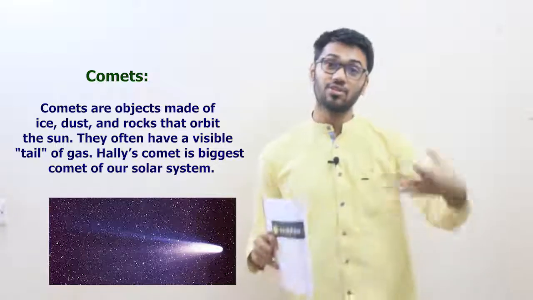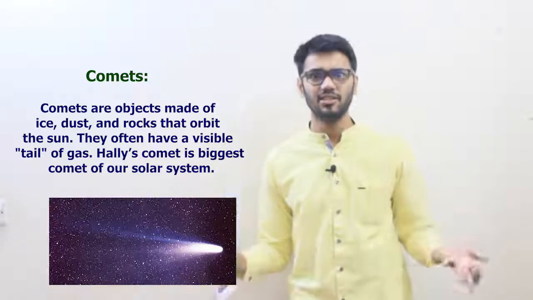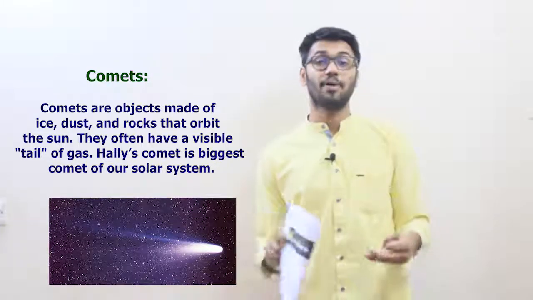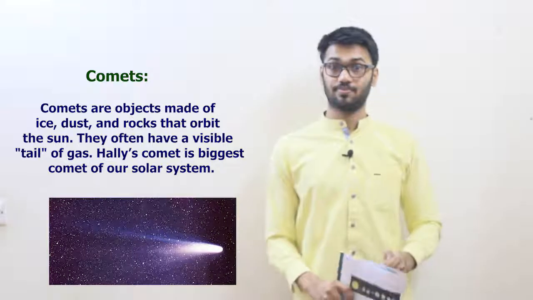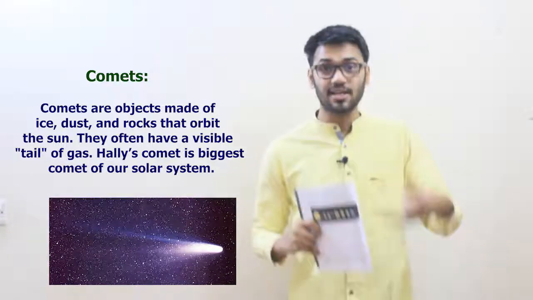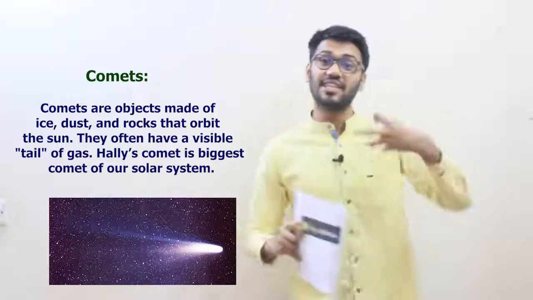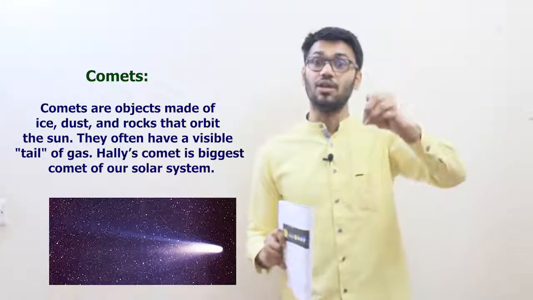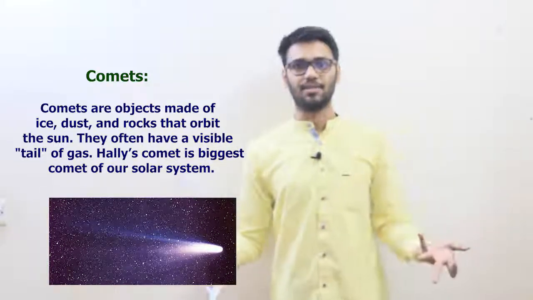Just like those tails, the comet has got a tail. Isn't that interesting? But those tails are not made of ice, dust or rocks. Those tails are made of gas. Now, if there is a gas, the gas will glow. That means the gas will make light.